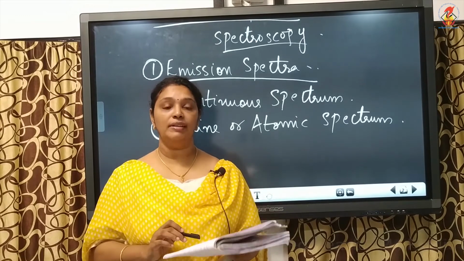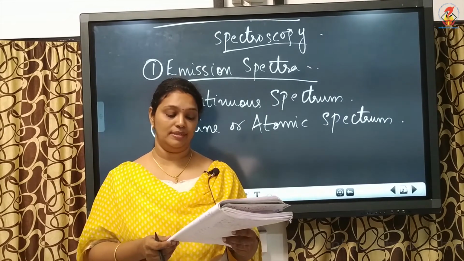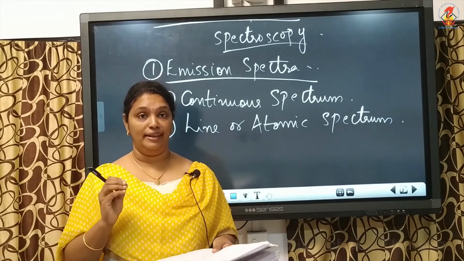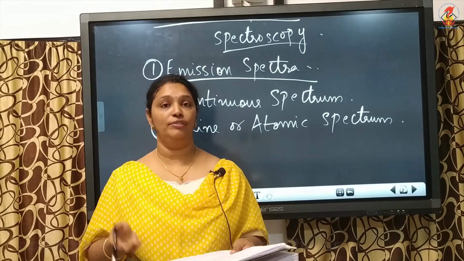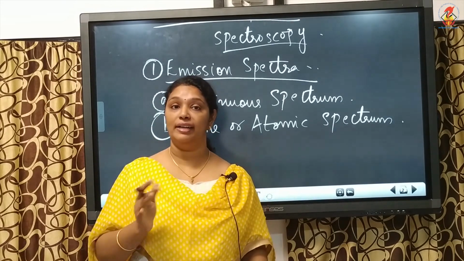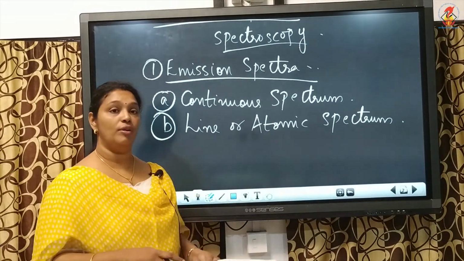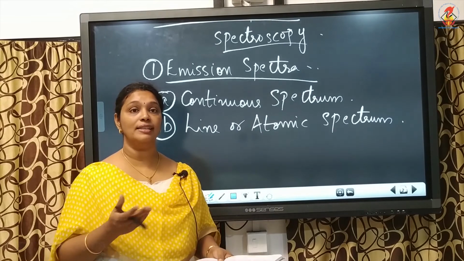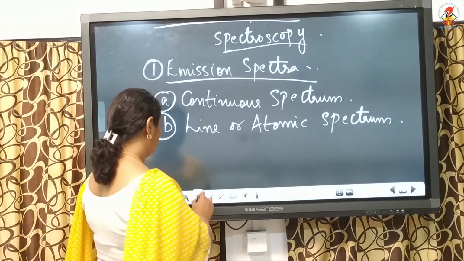They are observed as colored lines separated by dark spaces. And each colored line corresponds to a particular wavelength or frequency. And the colored lines are used to identify the element.